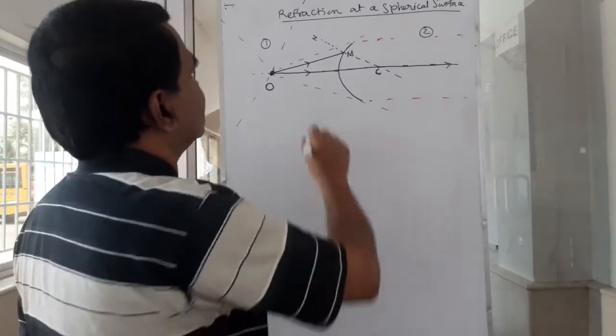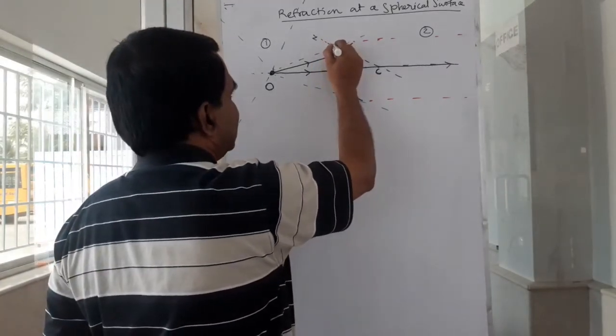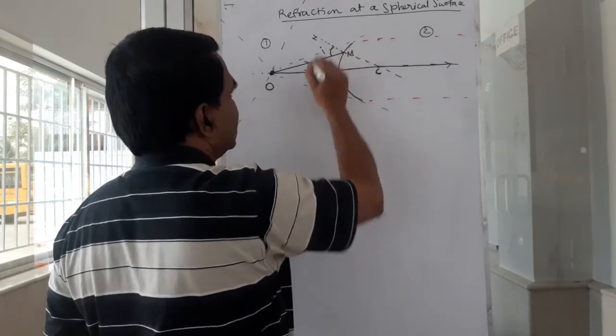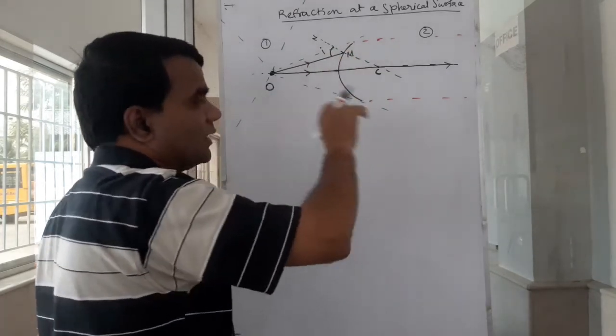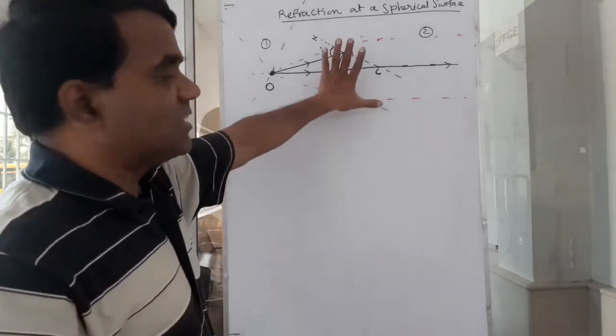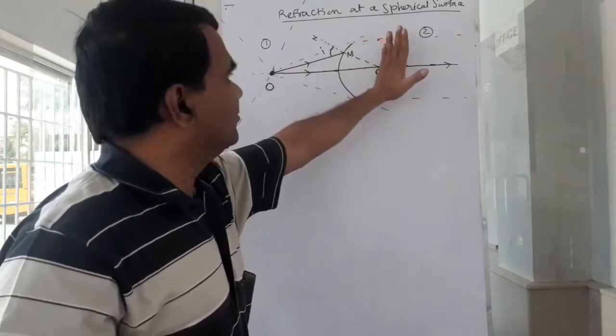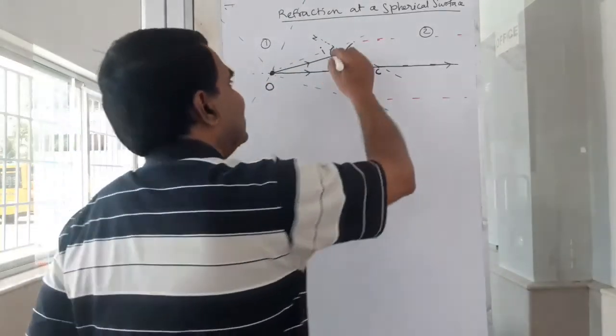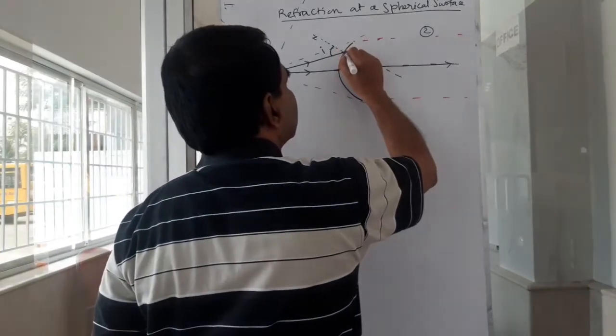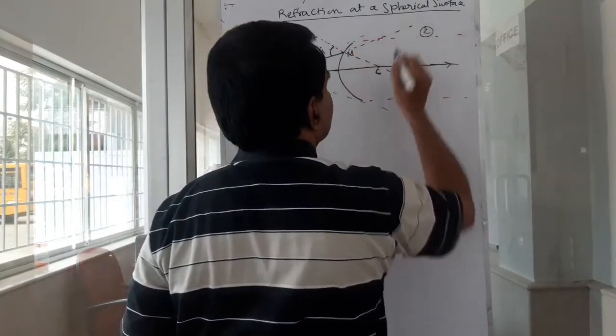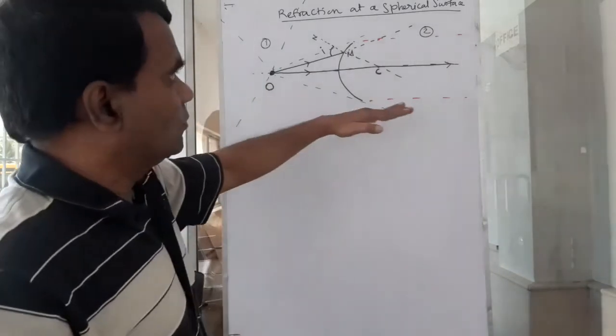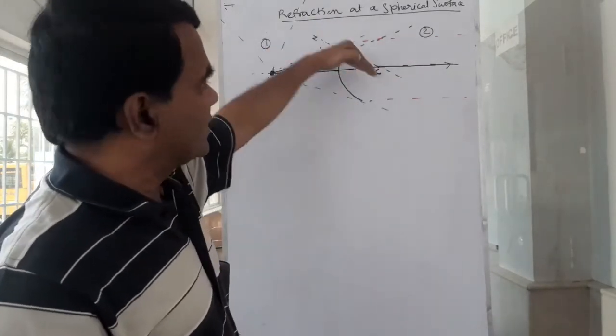So it will make an angle I with the normal, and now it will get refracted. If this medium was not there, if it was the same medium with no second medium, then the ray would have gone like this. But now you have a different medium and there is a normal.